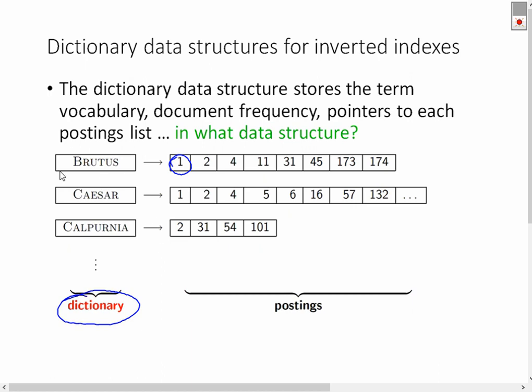But both of these things exist. Now, the challenge that I have with this particular structure, the dictionary, is that it's going to get relatively long. I mean, it's going to have all of the different words that I might potentially search on. So I have to have a way of finding them rather quickly. The one thing I don't want to do is have some file that has all of my terms in it and have to sequentially search through it, because we know that's going to take a long time.